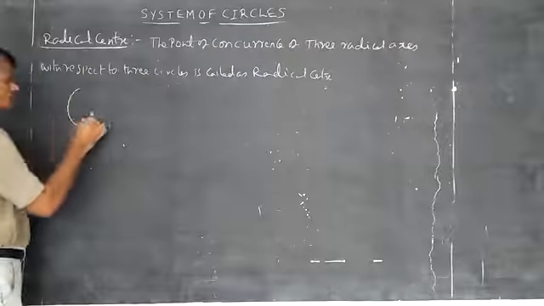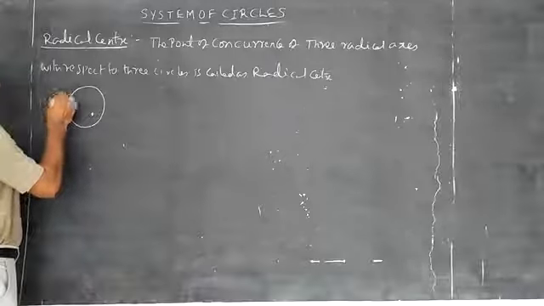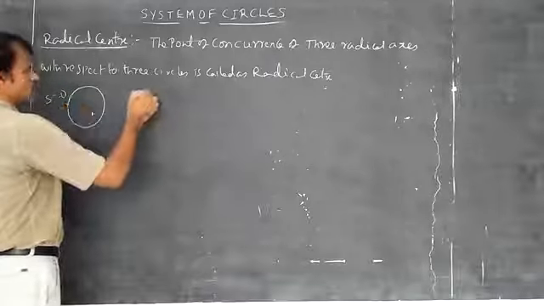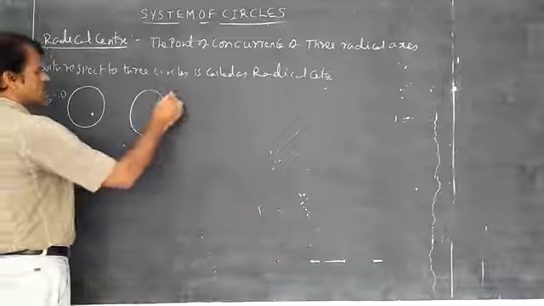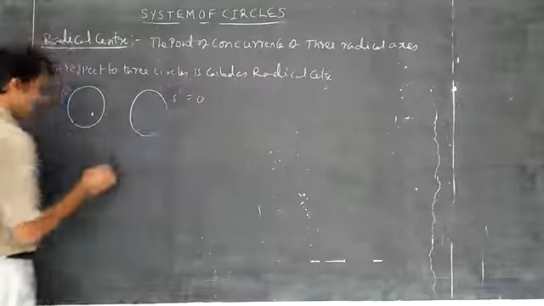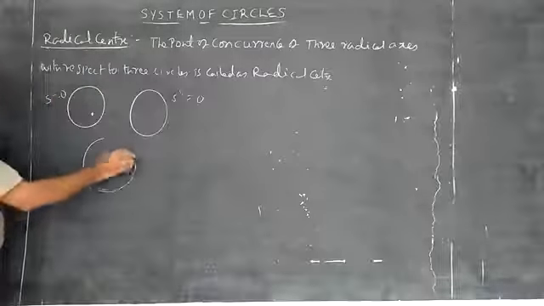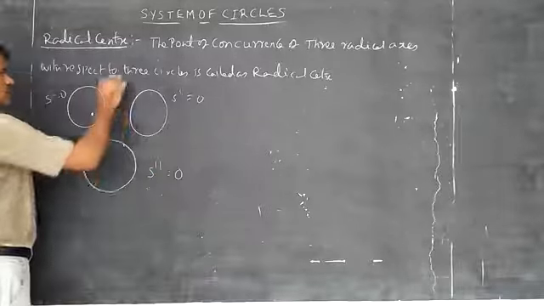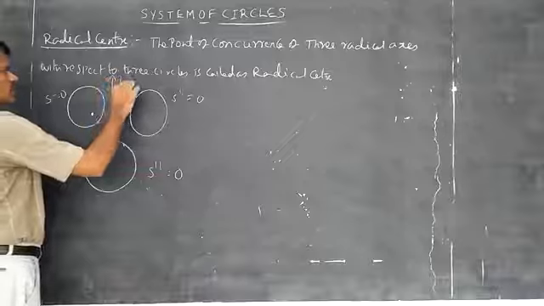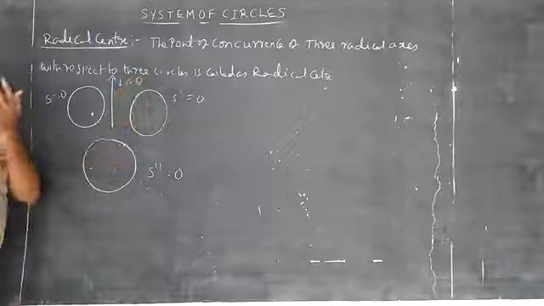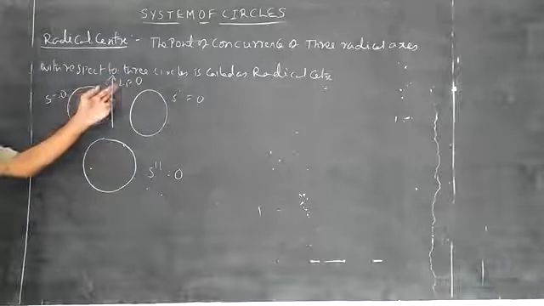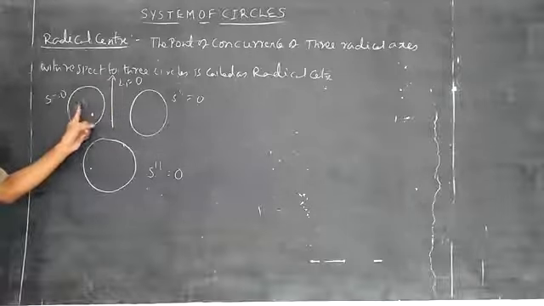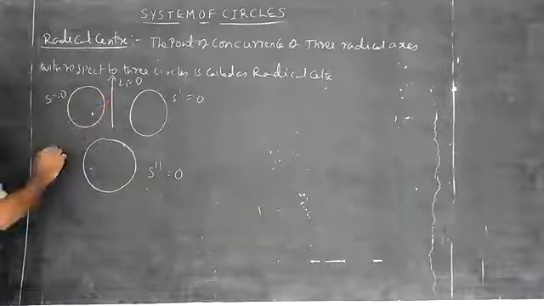Let us draw the diagram like this. This is S equal to 0, this is S dash equal to 0, and this is S double dash equal to 0. This is the line L1 equal to 0, which is the radical axis of S equal to 0 and S dash equal to 0.